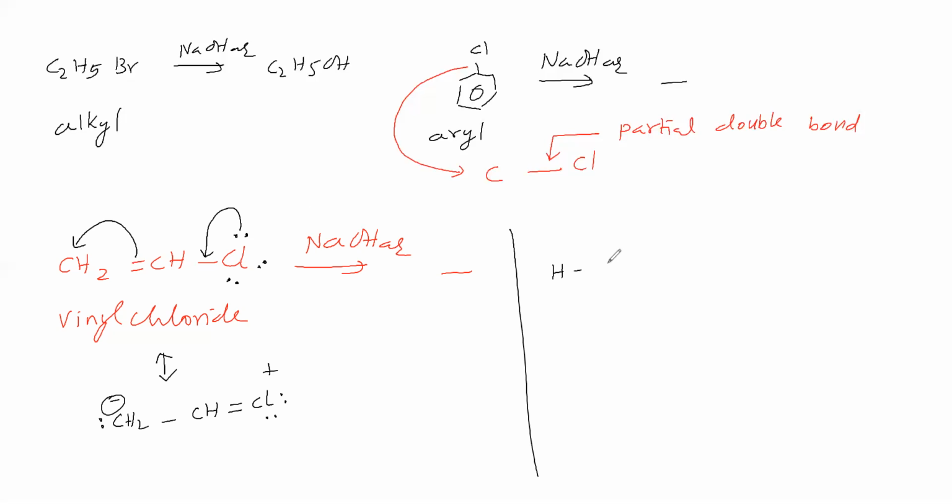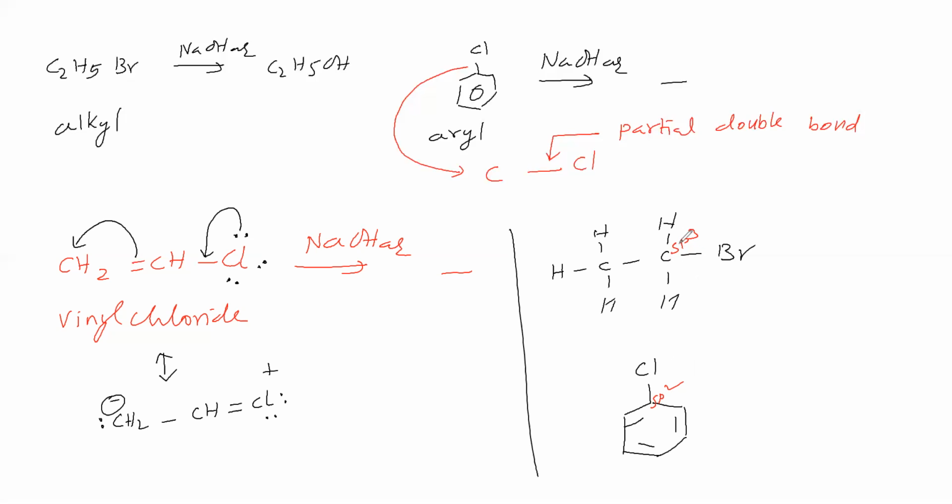Now, ethyl bromide and bromobenzene we will take. Now we will see regarding hybridization. This is sp3 hybridization, whereas this is sp2 hybridization. sp2 means electronegativity is more, sp3 means electronegativity is less.